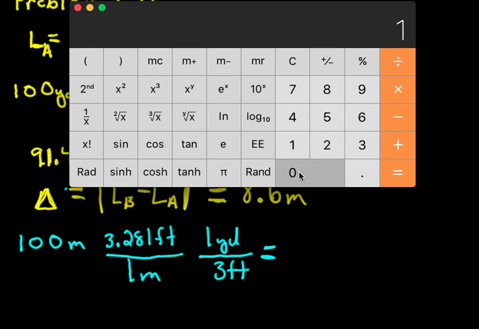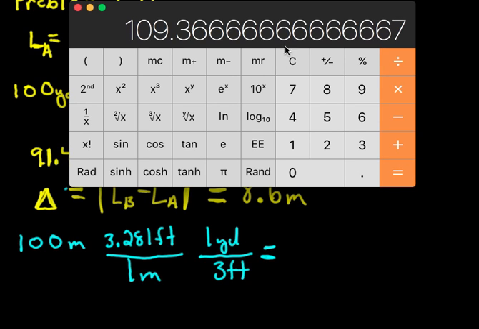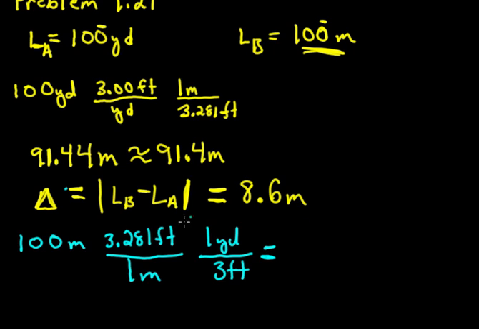So 100 times 3.281 divided by 3 equals 109.36. 109.36 repeating, so we'll make it 37 for right now. We're keeping extra sig figs so we can do some proper comparisons.